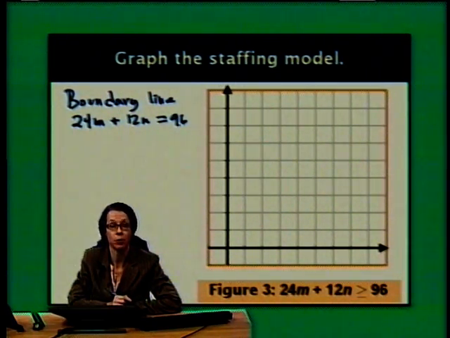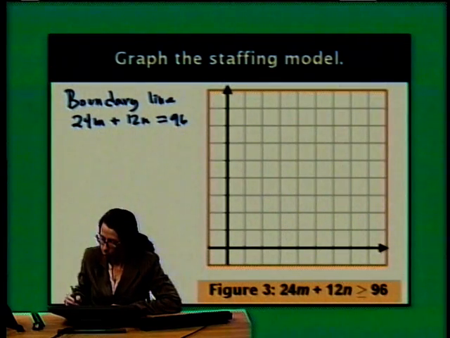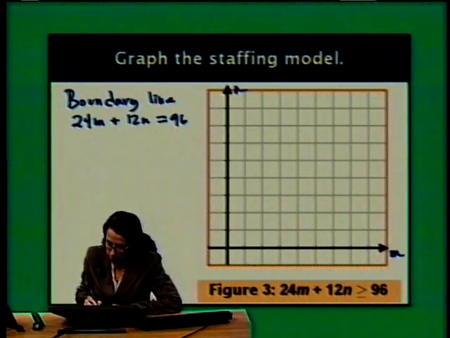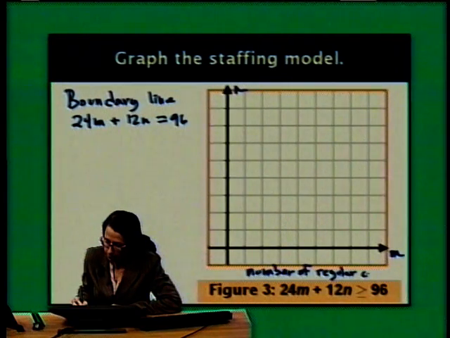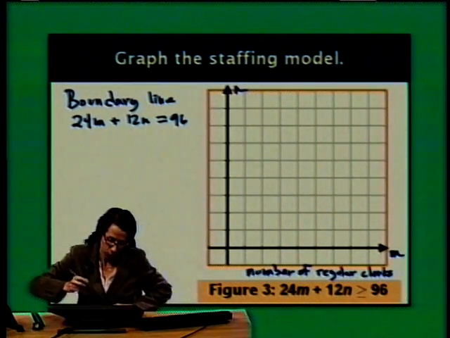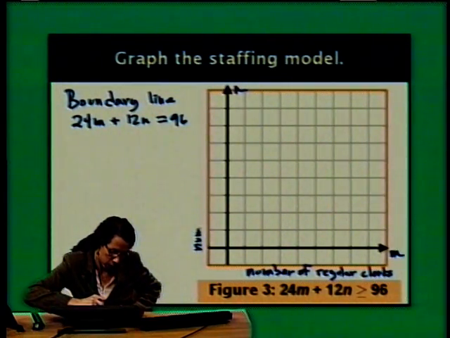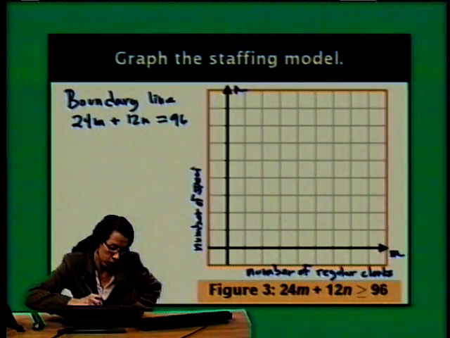So we're seeing some situations where standard form does arise in the context of applications. So I'm going to label my axes M and N, and M will be the number of regular clerks, and N will represent the number of special clerks.